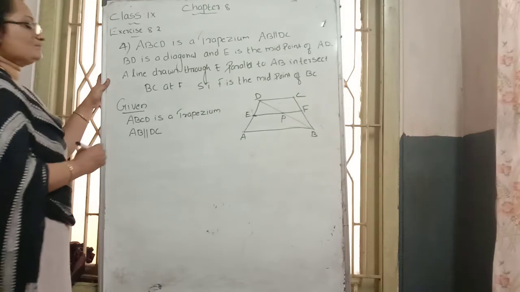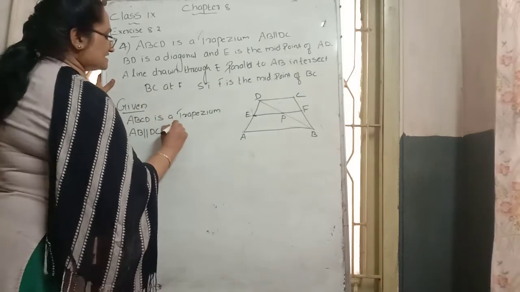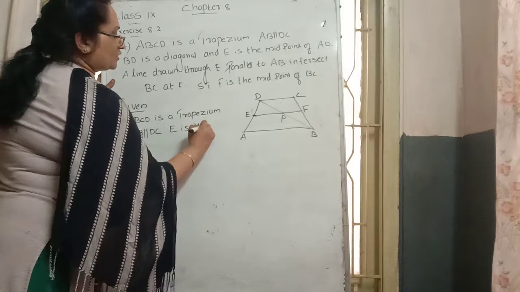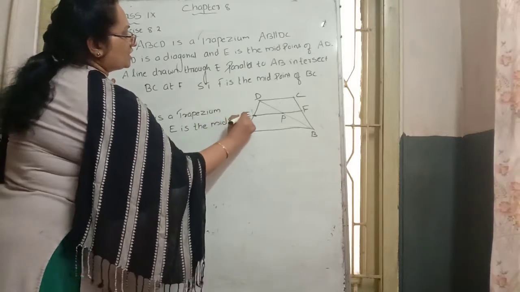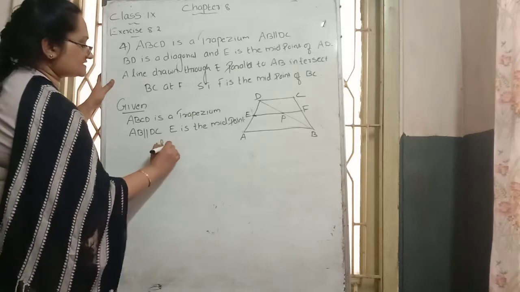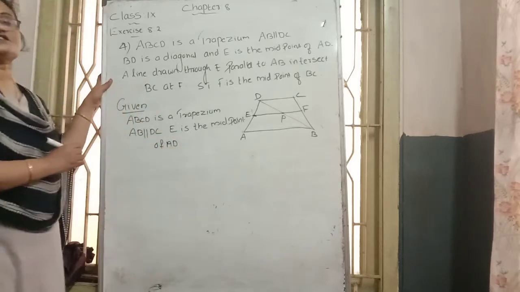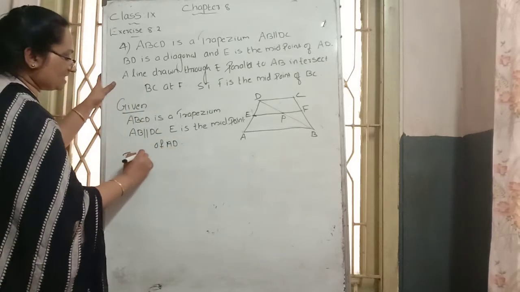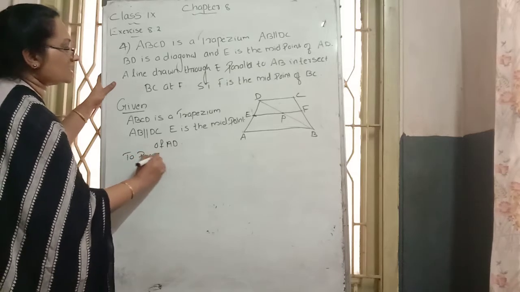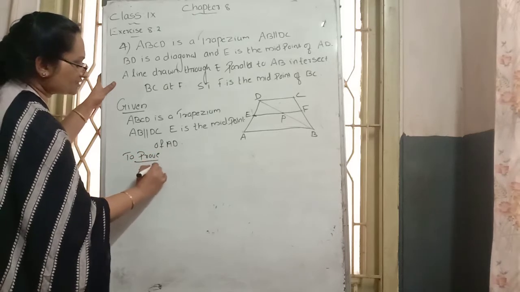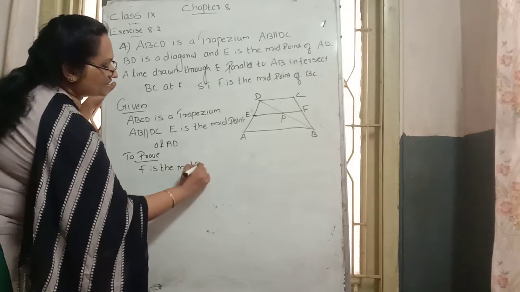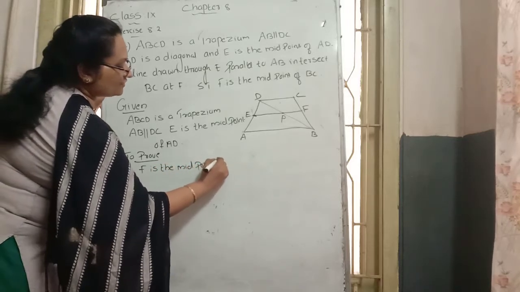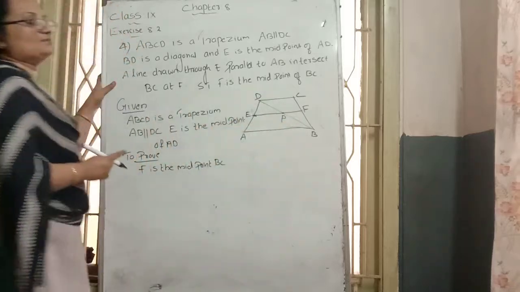And E is the midpoint of the AD side. This is the information given in the question. To prove: we want to prove F is the midpoint of the BC side.